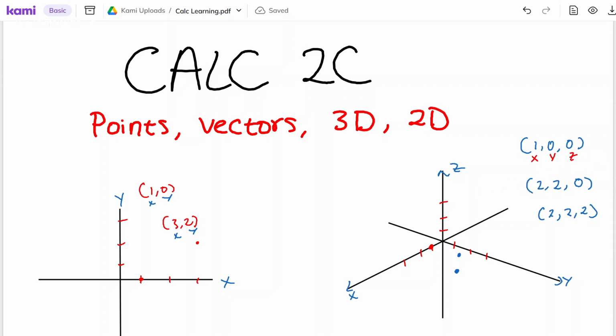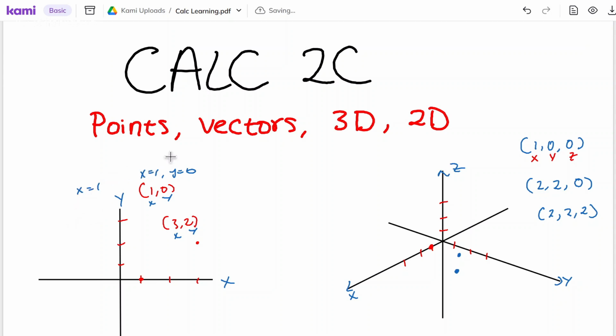But now, imagine if you didn't have a z, and the point was just given as 1 comma 0. I'm going to do it in 2D first. So if you had a point where, instead of x is 1 and y is 0, they just tell you there's no y and it's just x is equal to 1.